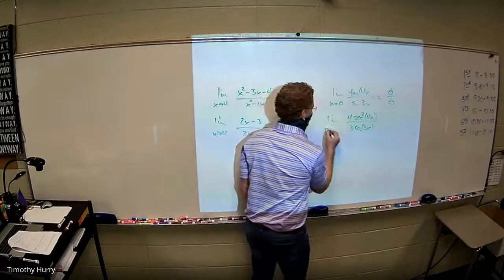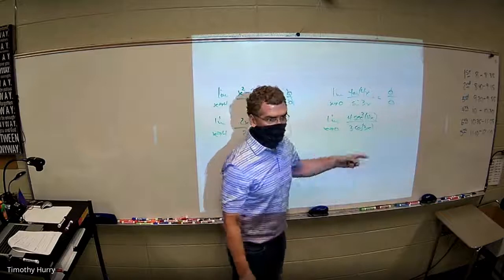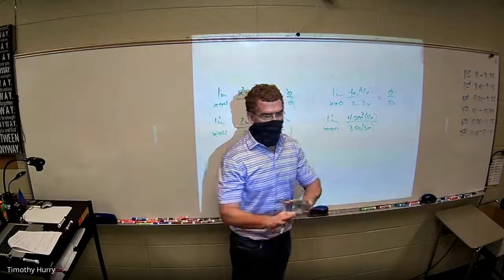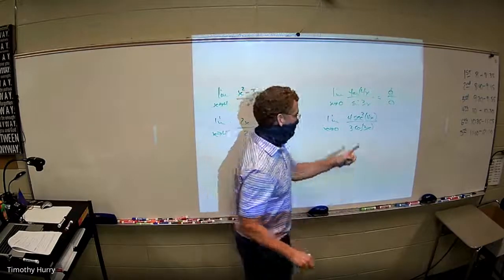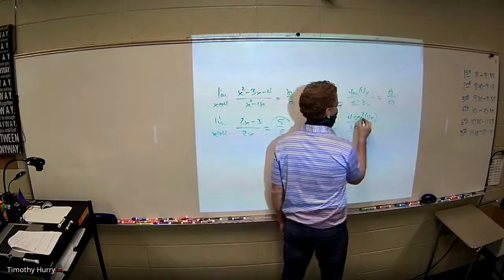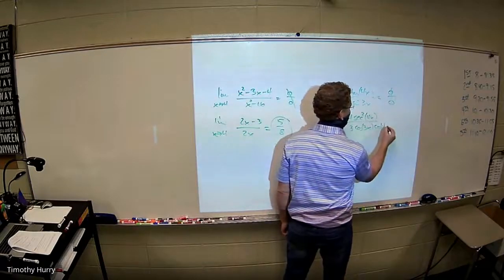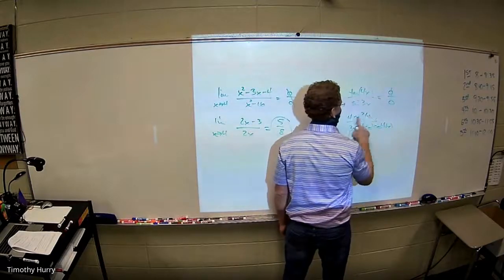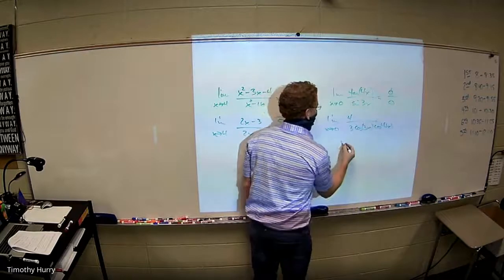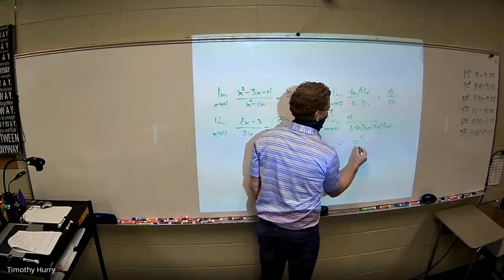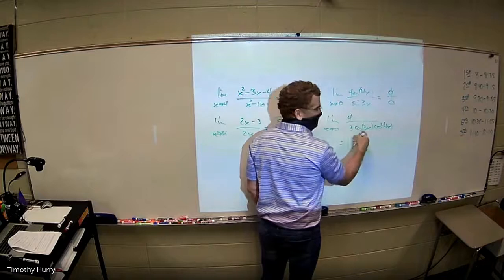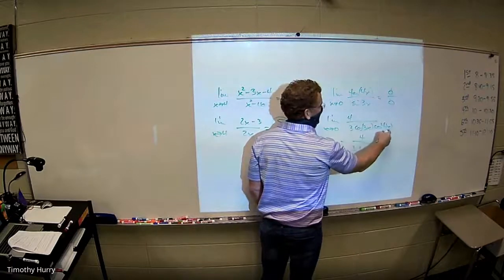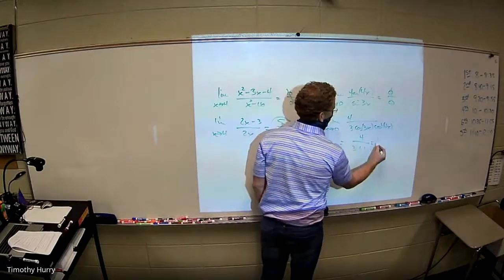Redo your limit now. Now remember, when we do limits, we never deal with secants or cosecants or cotangents. So what do I do before I get started? Move that to the bottom. Make it a cosine on the bottom. Now plug in a 0, and what do you get? 4 on the top, 3 times, what's cosine of 0? Cosine of 0 squared. So 4/3.